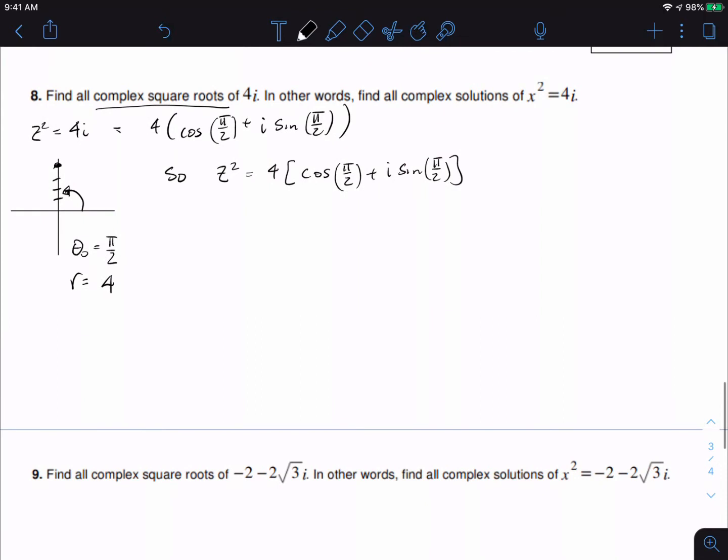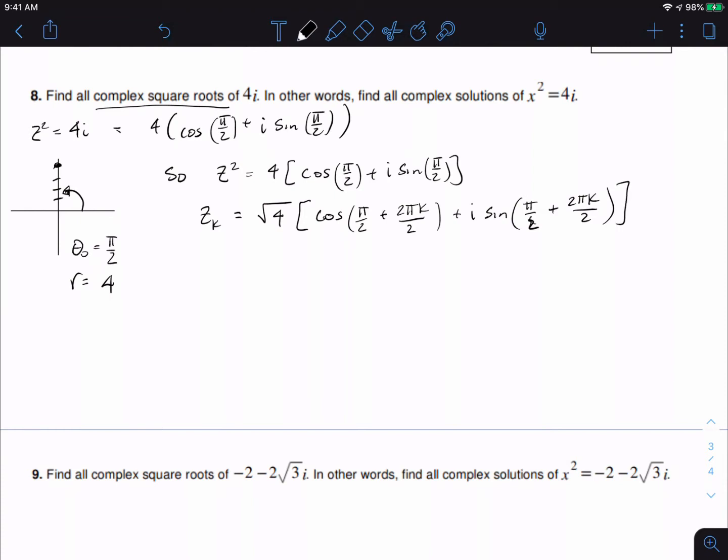But we want our z sub k, so that tells me I'm going to take the root of 4, and then I have to go cosine of the initial angle plus 2 pi k over 2 plus I sine of pi over 2 plus 2 pi k over 2.